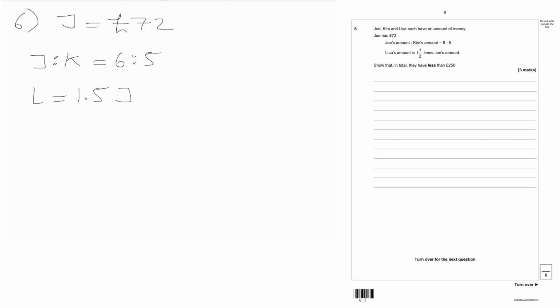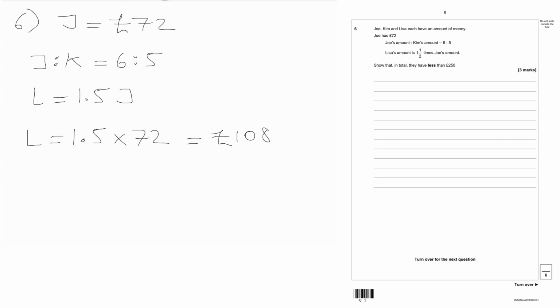So Lisa equals 1.5 times Joe. So immediately we can work out what Lisa's amount is. So Lisa's amount equals 1.5 times 72, which equals £108. And then we just need to work out what Kim's amount is. So if we know that J to K equals 6:5, then what we're trying to say is, what is this as 72 to X?